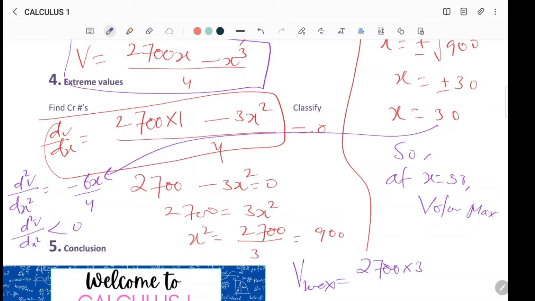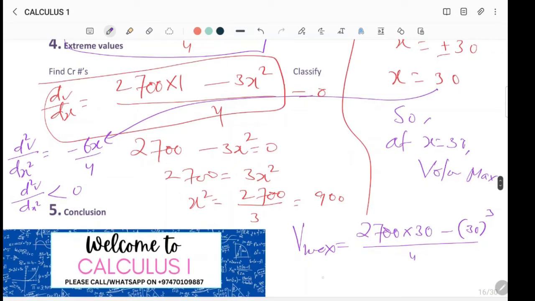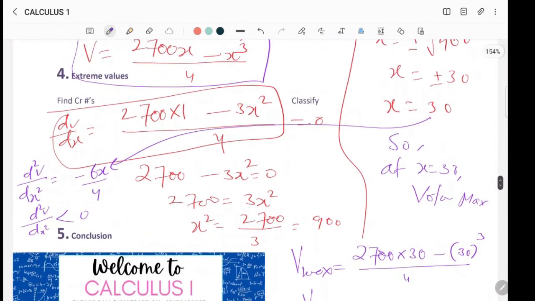So which is 2700 times 30 minus 30 whole cube over 4. What is V max now? Use calculator. 2700 times 30 minus 30 to the power 3, over 4.